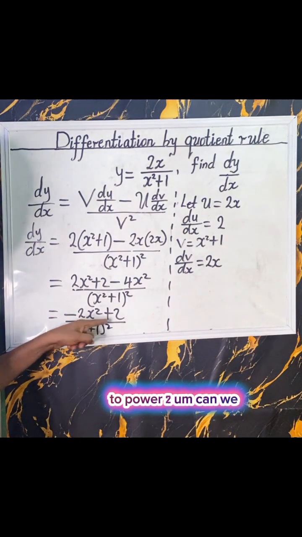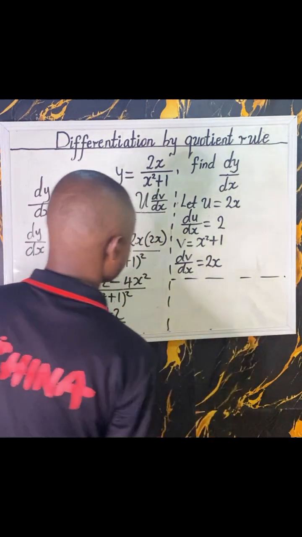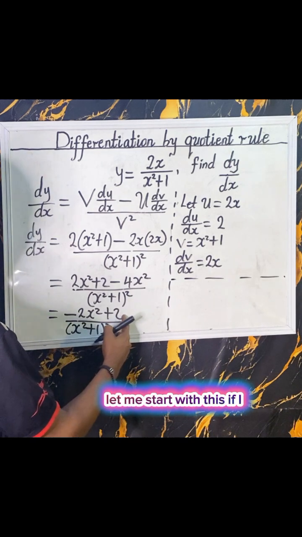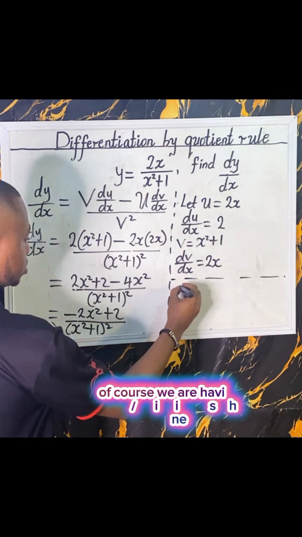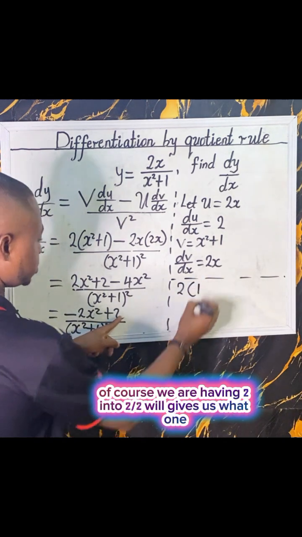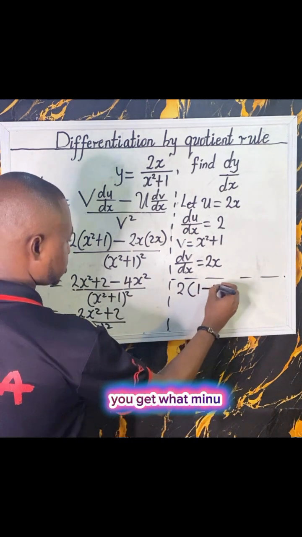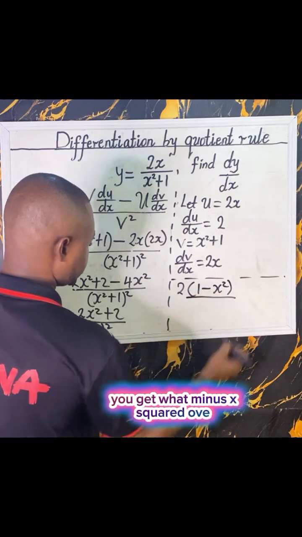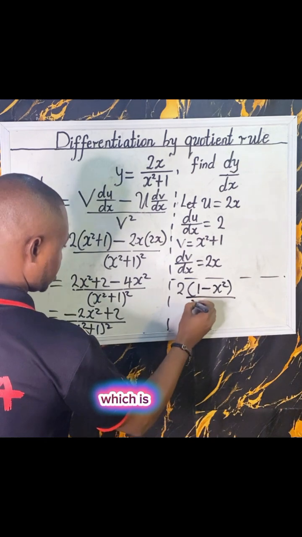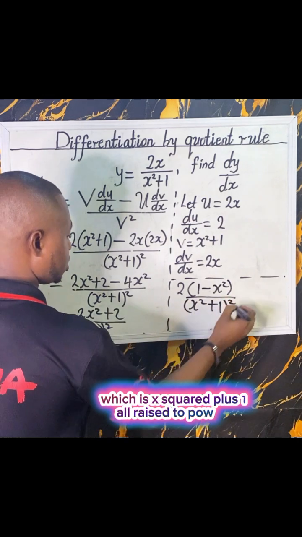Can we simplify further? Yes, 2 is common. If 2 is common, then I have to factorize. If I rearrange this, of course, we are having 2 into 2 divided by 2 will give us 1. Then minus 2x squared divided by 2, you get minus x squared, over the value you have here, which is x squared plus 1 all raised to power 2.